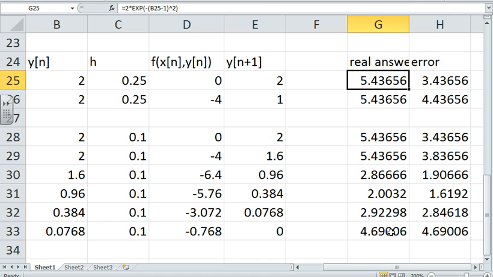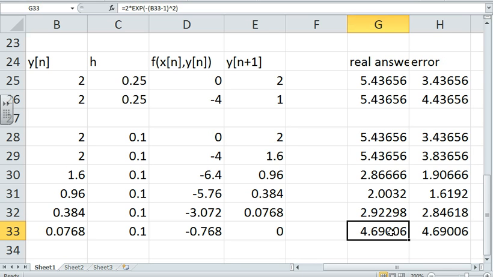X is going to be a half. I've got a calculator, I guess.